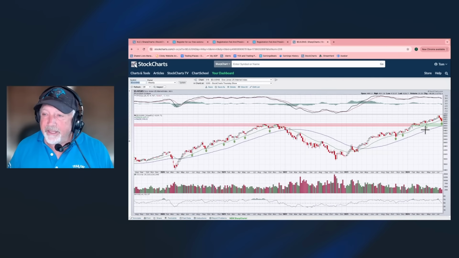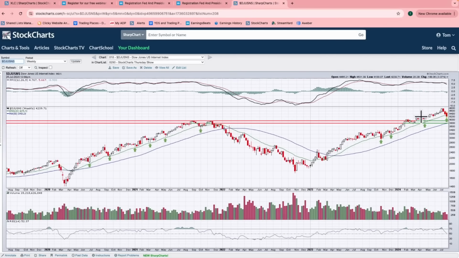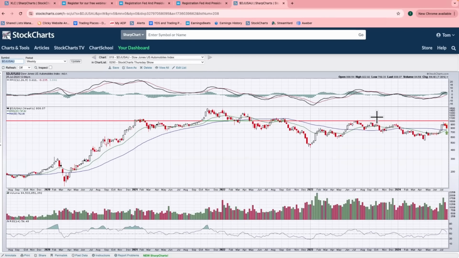Moving on, internet stocks, pretty much the same thing, moving up, coming down. We're testing the 20-week moving average. Can we hold? Automobiles are not doing as well as those other areas, but we did see a big pop recently because of Tesla making a key technical breakout above about 210. Tesla ran to 265, couldn't get through, and has pulled back, and as a result, automobiles have pulled back.